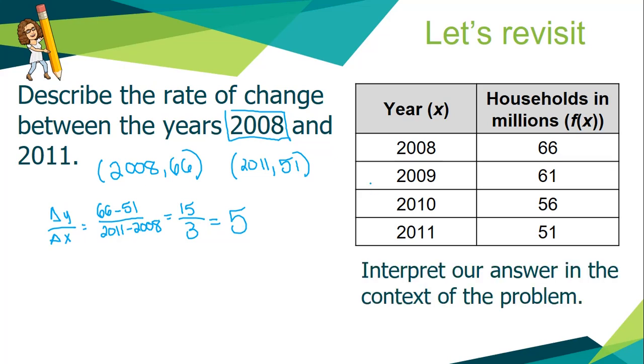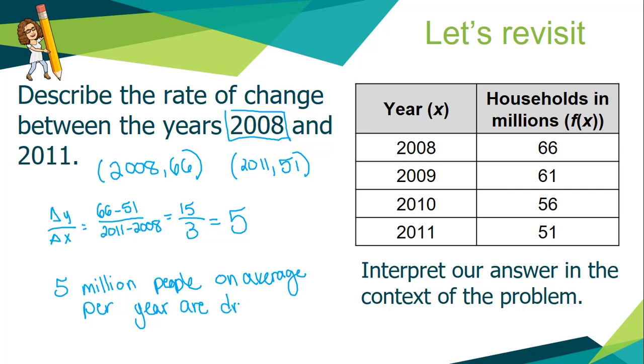So that means 5 would be the average rate. What does that mean in context of our problem? Well, that tells me that 5 million people on average per year are dropping their landline and cell phone coverage.